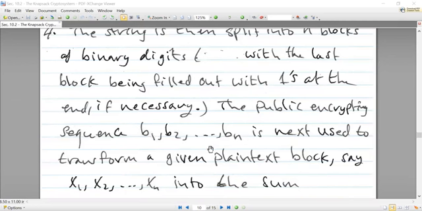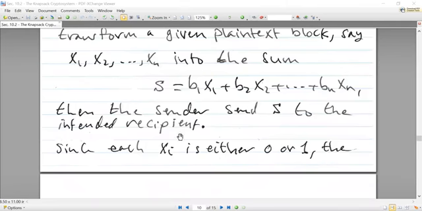Then the public encrypting sequence B is used to transform a given plain text block, with binary representation x1, x2 up to xn, into this sum.